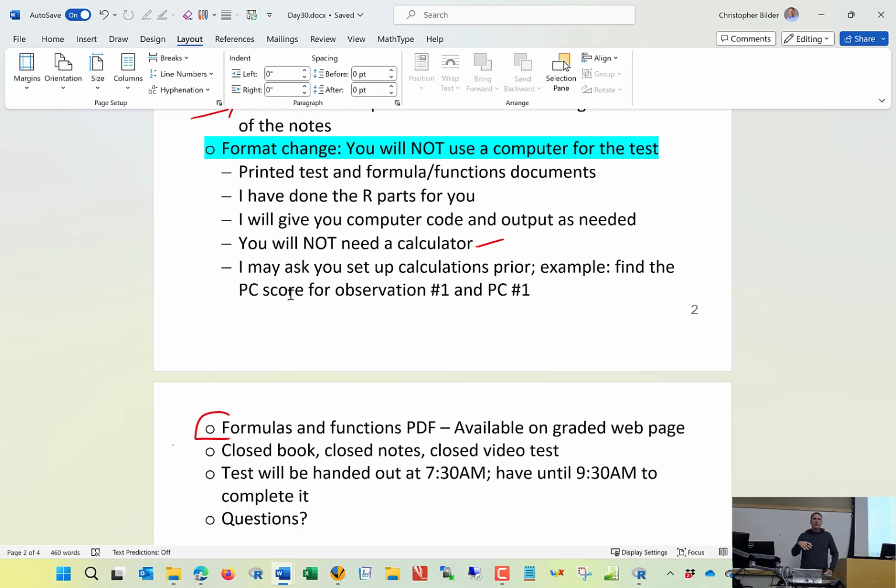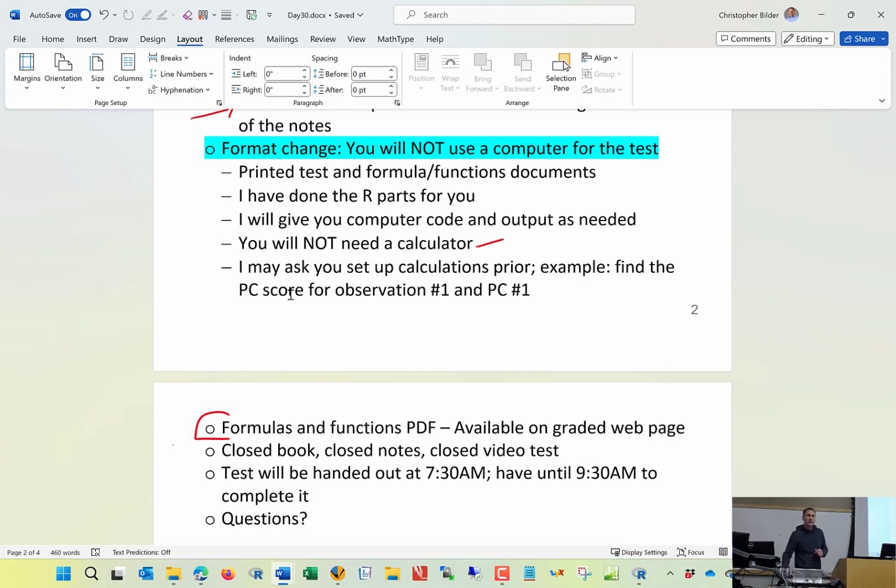This test, though, is still closed book, closed note, closed video. I will hand out the test at 7:30 a.m. and you have till 9:30 a.m. to complete it. Okay, are there any questions about the format of this test?